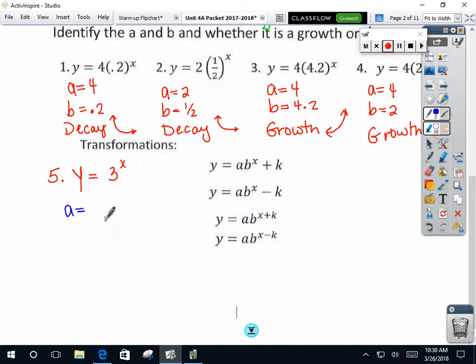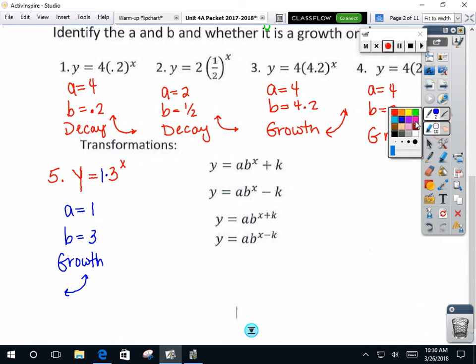Think about it. 1. The b is always the number raised to the exponent. So 3 is b. That means there's an understood 1 out here that just wasn't written. And so is this a growth or a decay? A growth. And so it'll be going up from left to right.